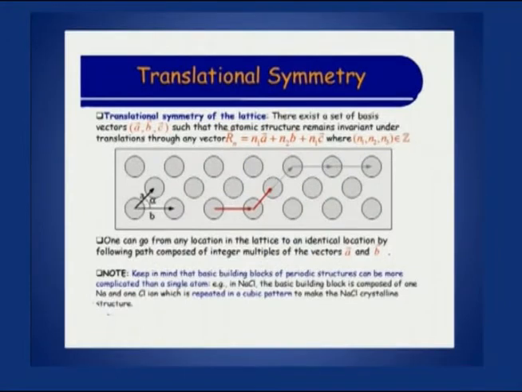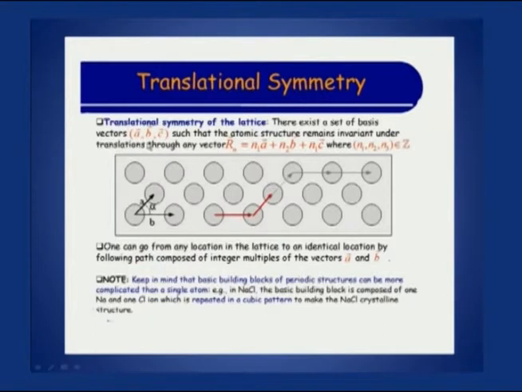Translational symmetry. I told you that every lattice has what is called a translational symmetry, or translational invariance. By this, what I mean is the translational symmetry of the lattice. There exists a set of basis vectors a, b, and c. You have a vector a and a vector b, maybe separated by angle alpha.